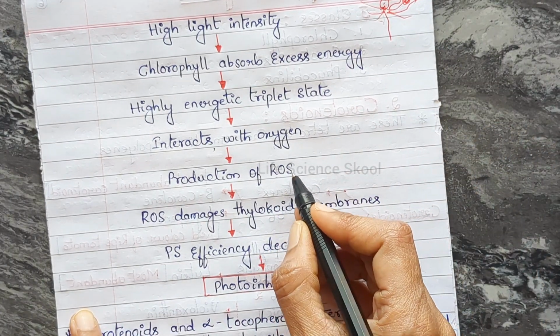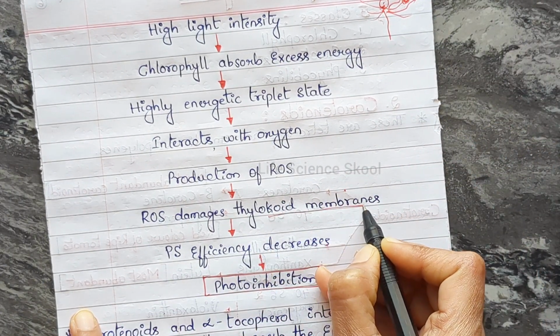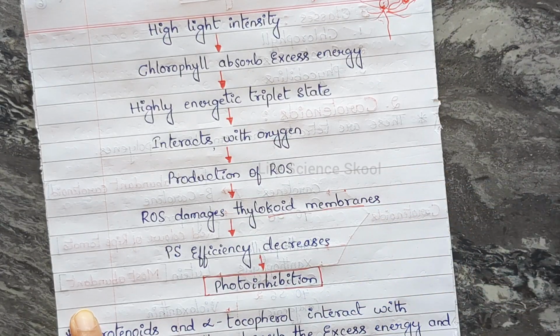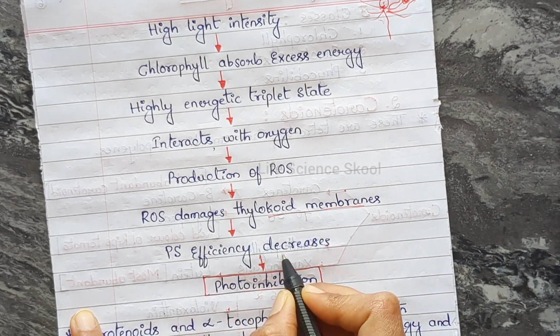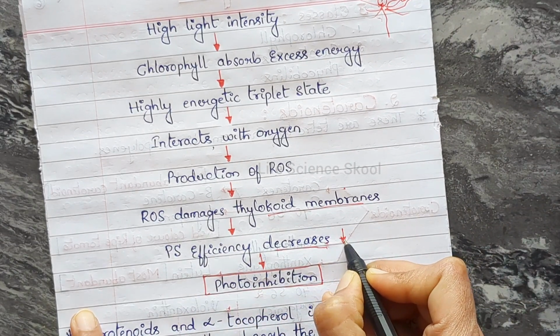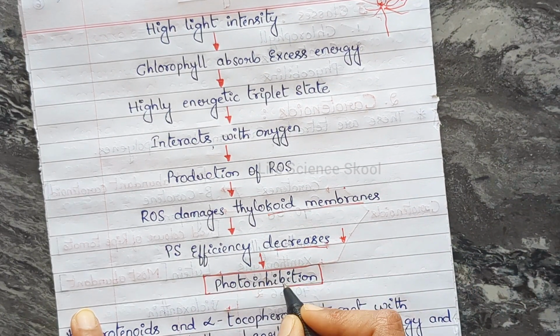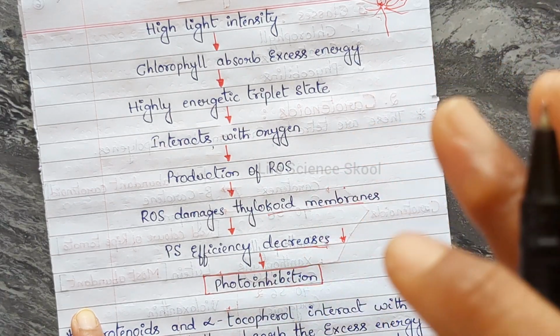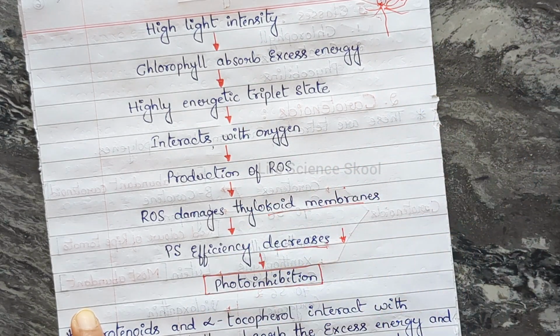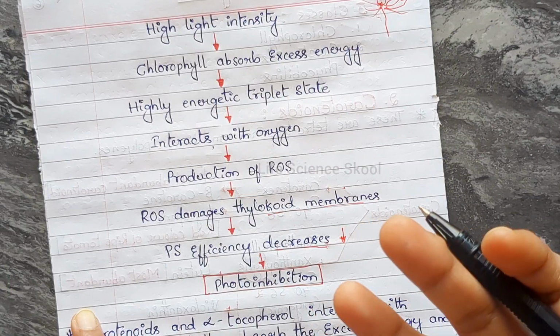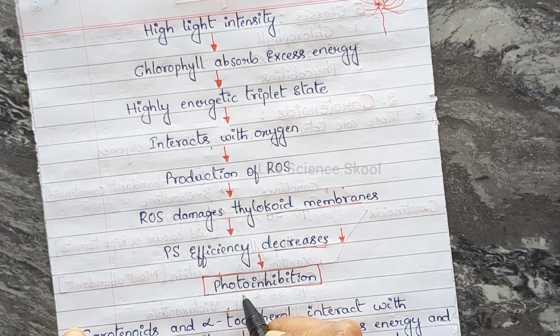These damage the thylakoid membranes, which is where photosynthesis takes place, right? So the photosynthesis efficiency decreases, and that leads to photoinhibition. Photo means light, inhibition means reduction in photosynthesis.